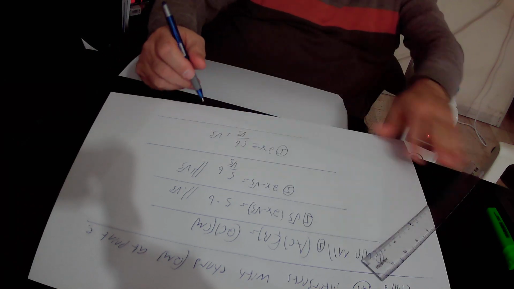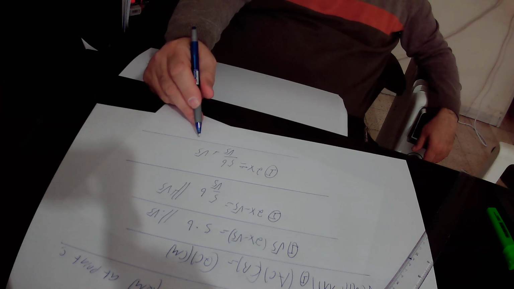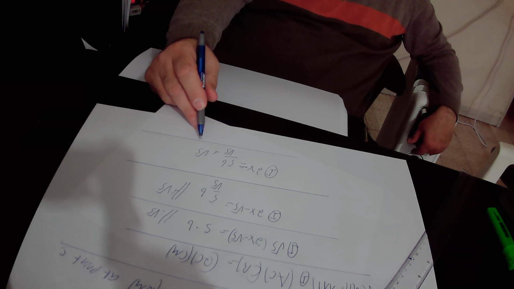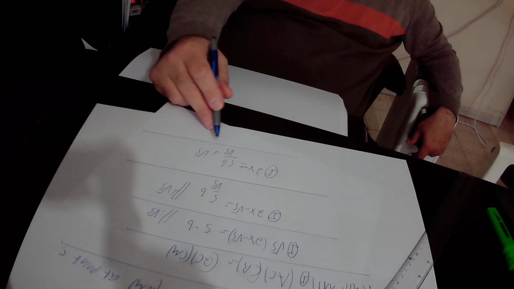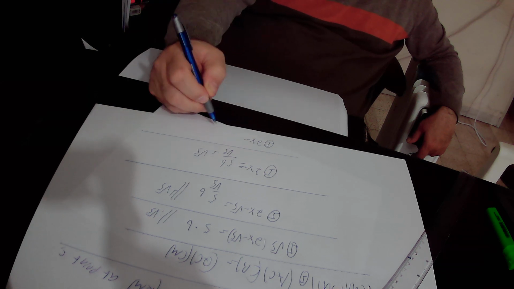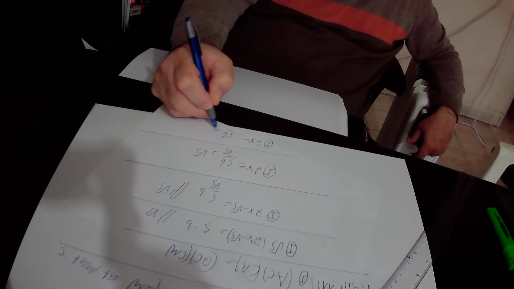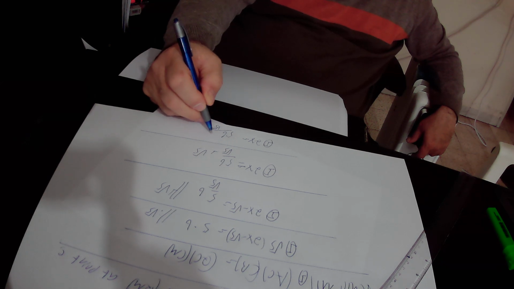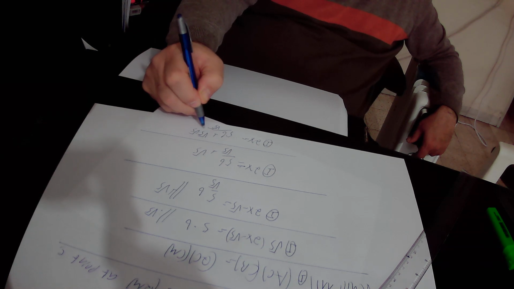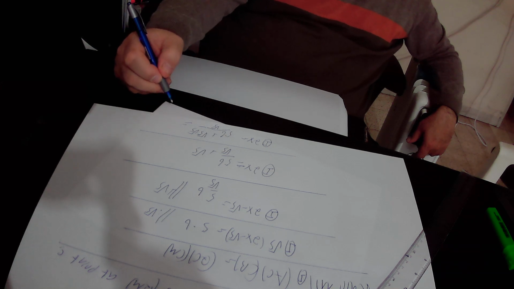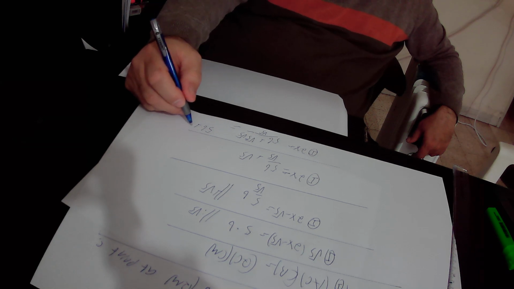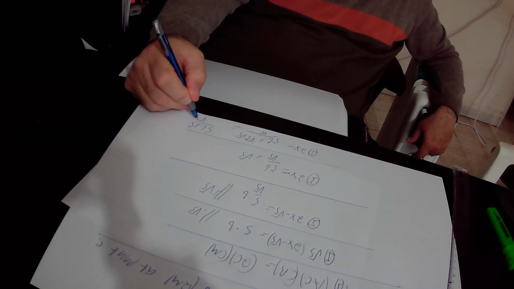In the next step, we will multiply square root of 5 by square root of 5 and then divide it by square root of 5 in order to have a common factor with this expression. And we get that 2x equals 5b over square root of 5 plus square root of 5 times square root of 5, which is 5, over square root of 5.